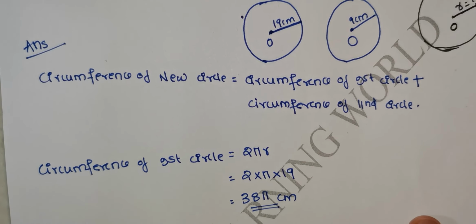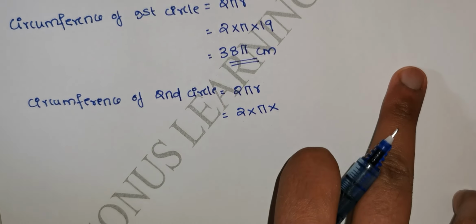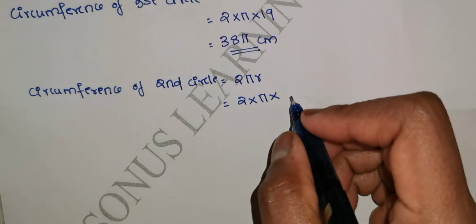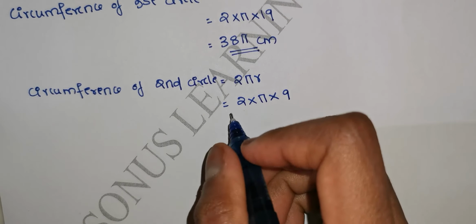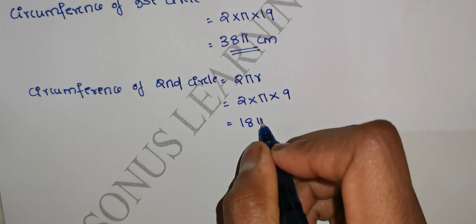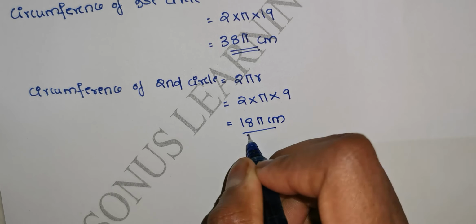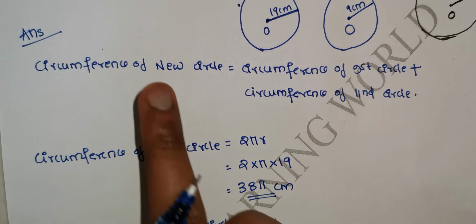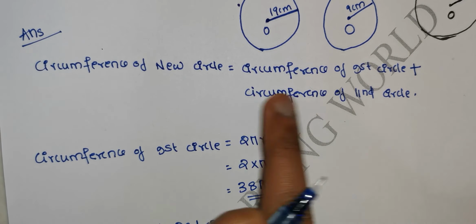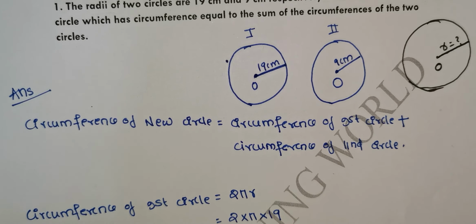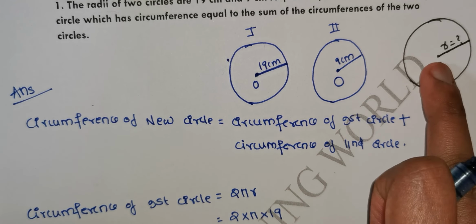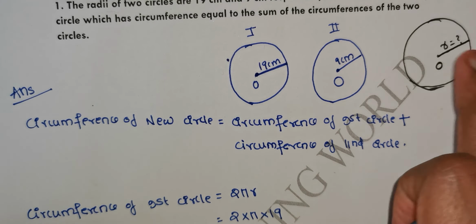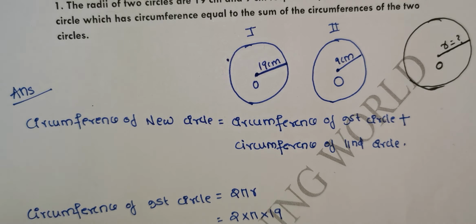The radius of the second circle is 9. So 2 into 9, 9 2s are 18. So 18 pi centimeter. Next, we know the circumference of the new circle is circumference of the first plus circumference of the second. This is our new circle. We don't know the value of r, so we are keeping r as r only.